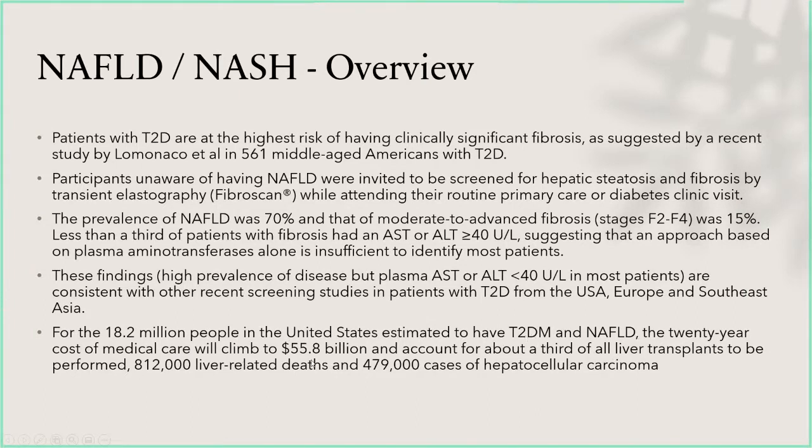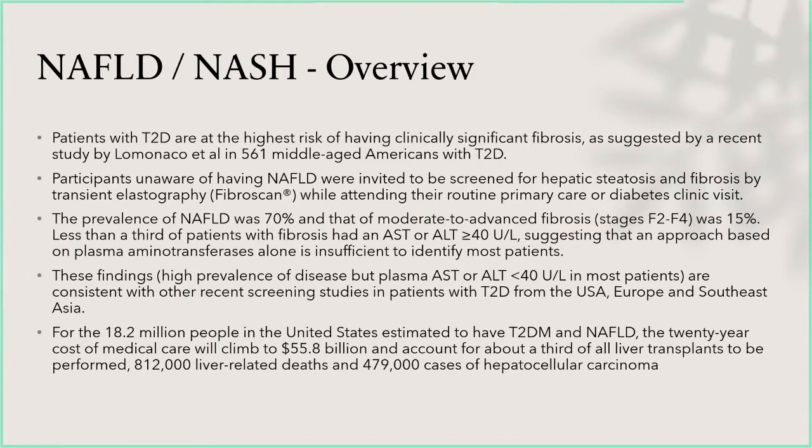The cost of medical care will climb to $55.8 billion and account for about a third of all liver transplants, 812,000 liver-related deaths, and 479,000 cases of hepatocellular cancer. So the bottom line is the problem of NAFLD is quite large, and the problem is made worse by having diabetes.